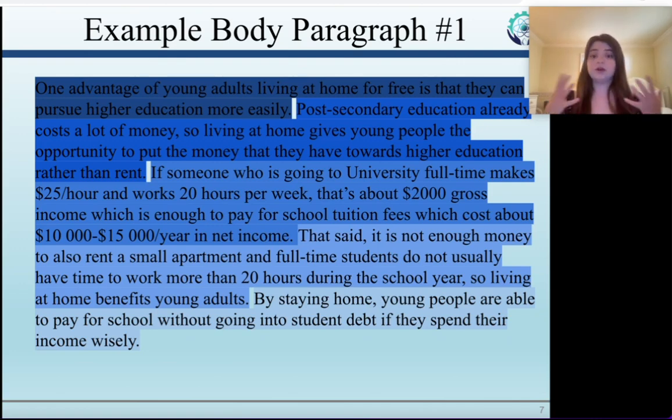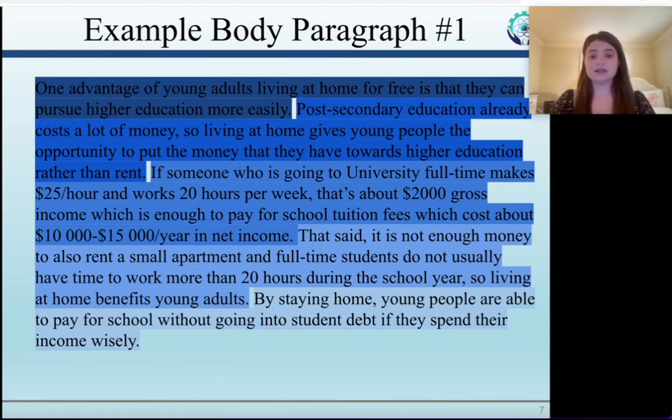So there we go, we explained it. We explained how, yes, we have enough money to pay for the school tuition, but the students don't also have enough money to pay rent as well, right? It's not like they could just do both and have just as easy a time paying for their higher education if they're also having to pay their rent, right?